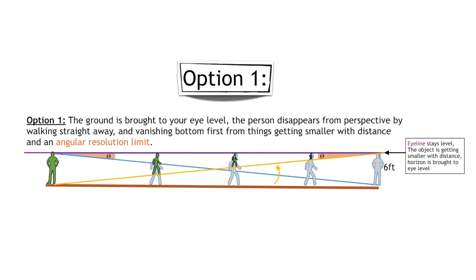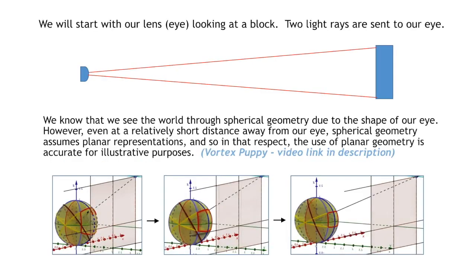So option 1, the ground is brought to your eye level. The person disappears from perspective by walking straight away, vanishing bottom first, from things getting smaller with distance and angular resolution limit. We will start with our lens or eye looking at a block. 2 light rays are sent to our eye.